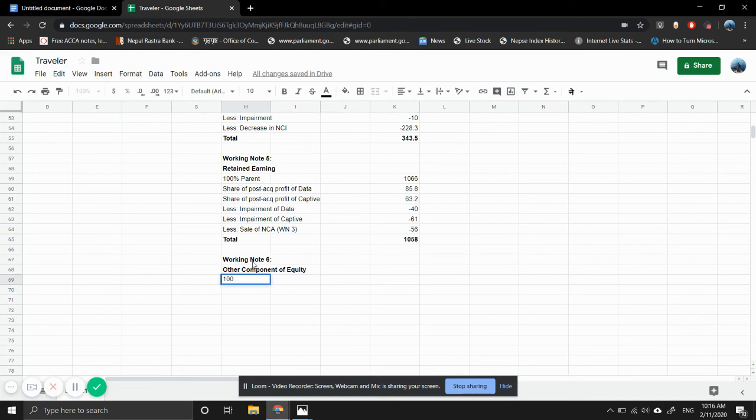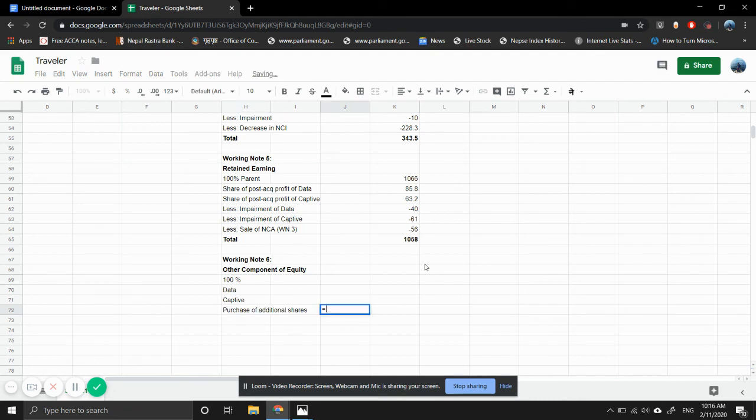So first will be 100%, and then after that Data, after that Captive, and then next will be positive, which is basically from purchase of additional shares, right?